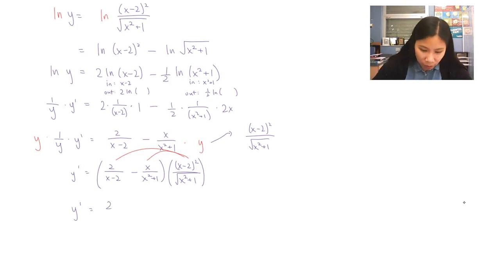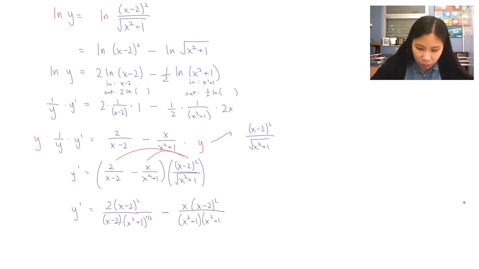So this will end up being 2 times x minus 2 squared over x minus 2 times, and I'm going to rewrite the radical as an exponent, so x squared plus 1 raised to the 1/2 power, minus, and then distributing to the other fraction, I have x times x minus 2 squared over x squared plus 1 times x squared plus 1 to the 1/2 power.